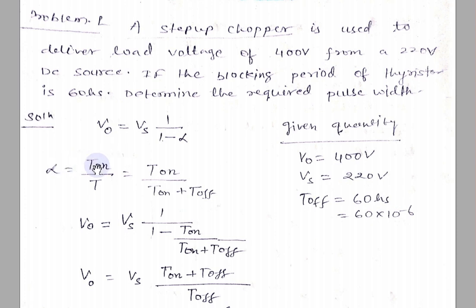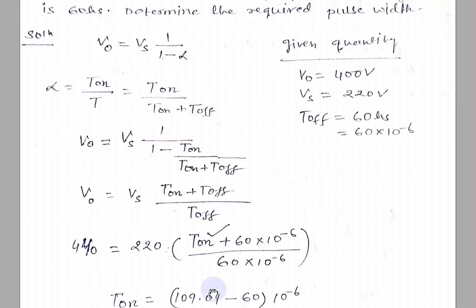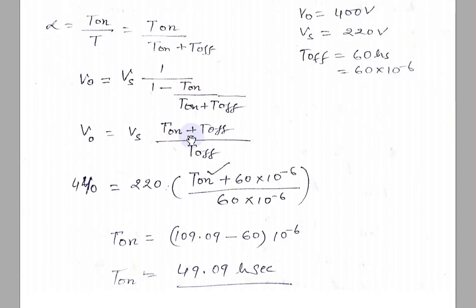We already know that alpha is equal to T on by T, and T is T on plus T off. So V naught is equal to Vs times (T on plus T off) by T off. We put the known quantities in this equation and get the turn on time T on.